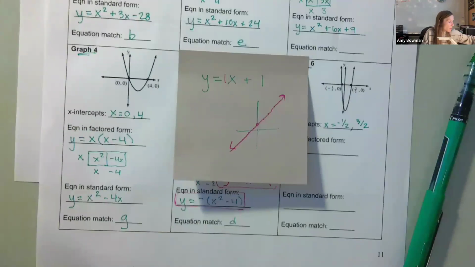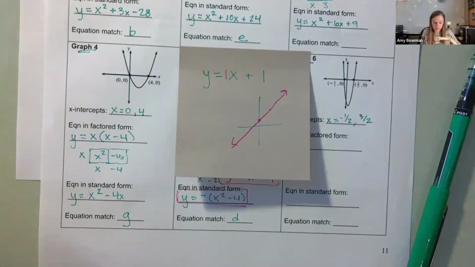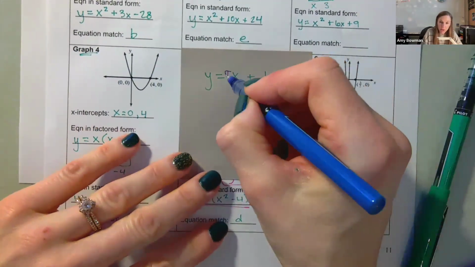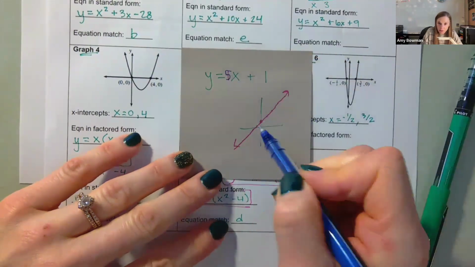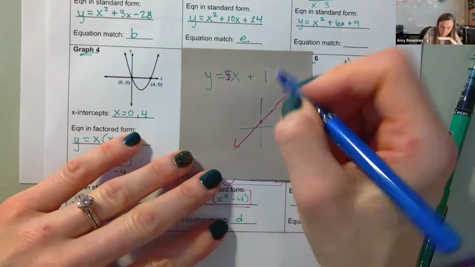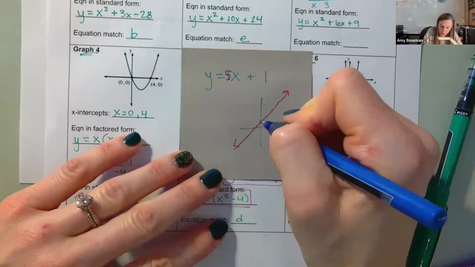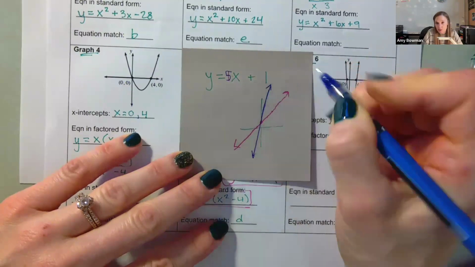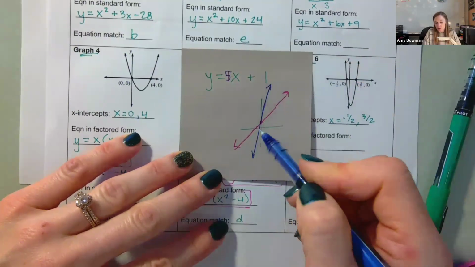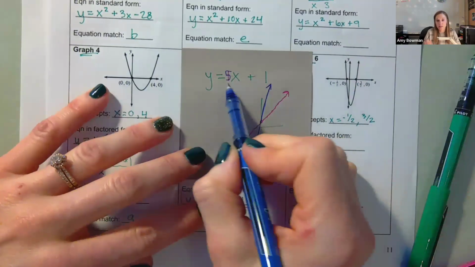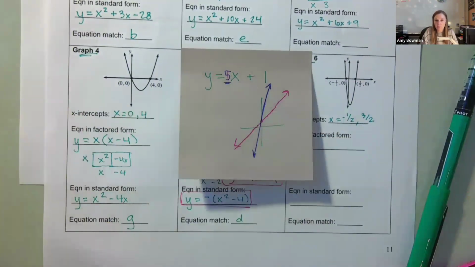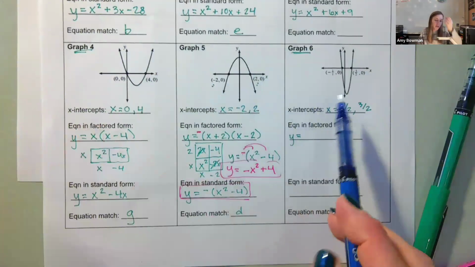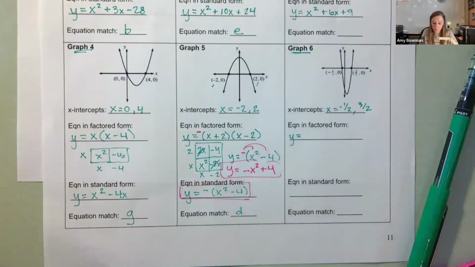But if I put another number in front of this other than 1, so let's say I put a 5 out front, this line still crosses the y-axis at 1, but that 5 means my graph is going to increase and grow much more quickly because now my slope is 5, not 1. So just like that number out front impacts the steepness of a line, the number out front also impacts, I wouldn't call it steepness anymore with a parabola, but it definitely impacts the stretch or the growth of the parabola.